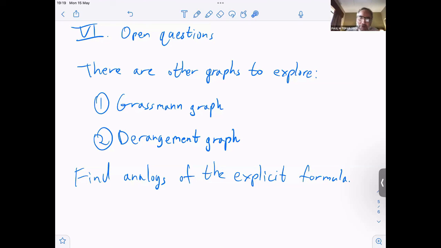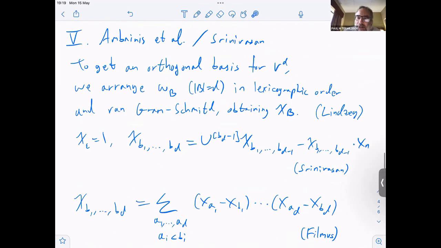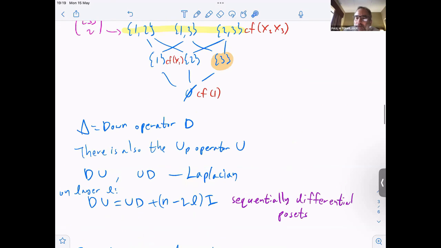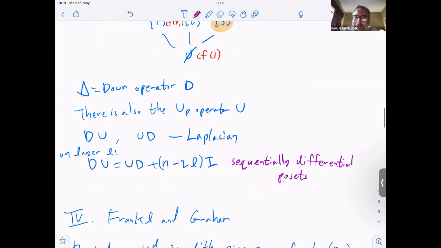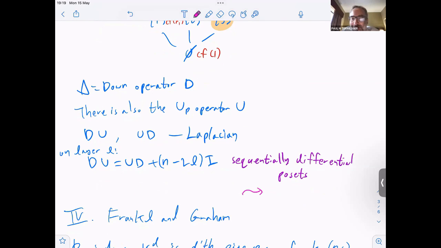I have a question and comment. Yes. I just wanted to mention that what you call the sequentially differential poset idea has a generalization called a uniform poset. I wrote a paper about this back in the early 90s.